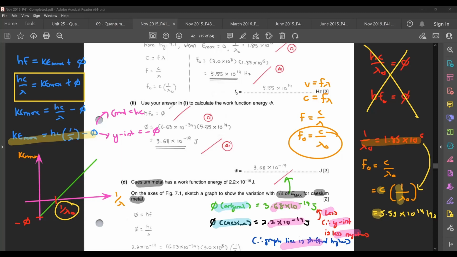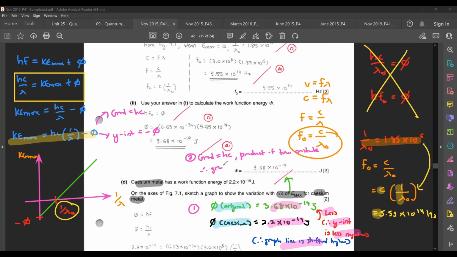So another thing here that I can also say is this. This one is number 1 now. So number 2 will be gradient is equals to hc, product of two constants.